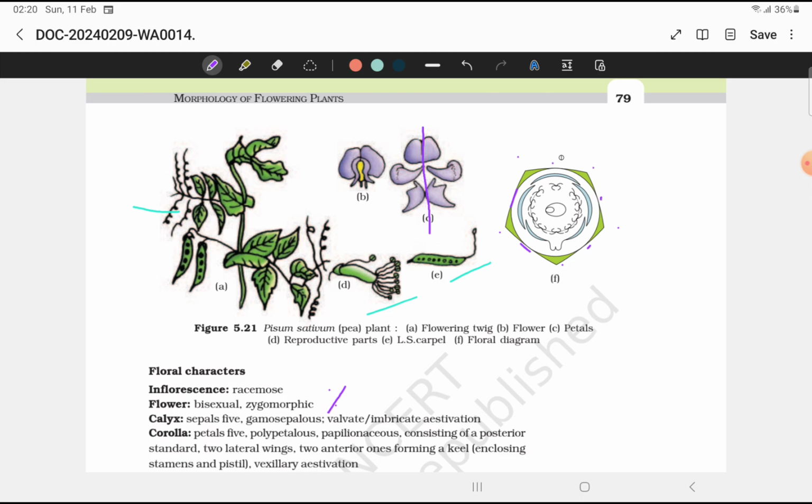See, this is the standard petal, on the posterior side. So this side is the posterior side, this side is the anterior side, and this is the lateral wing petal, and this is the anterior keel petal.